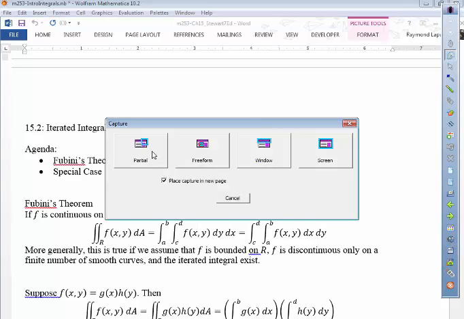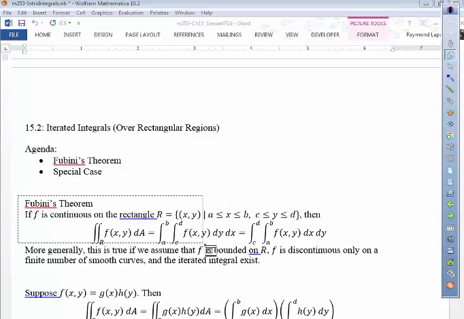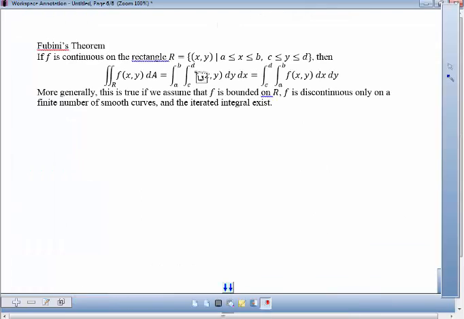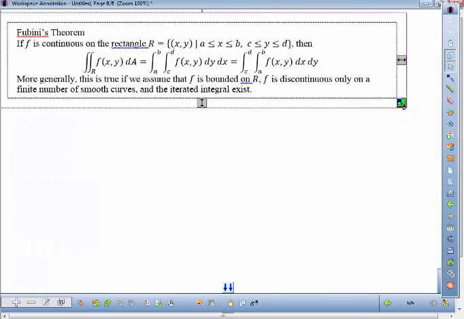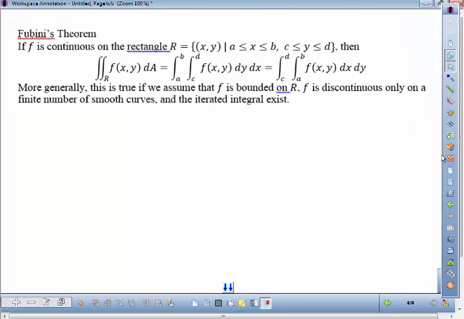I guess that's a good theorem. Shouldn't matter. But this only will work for rectangular regions.